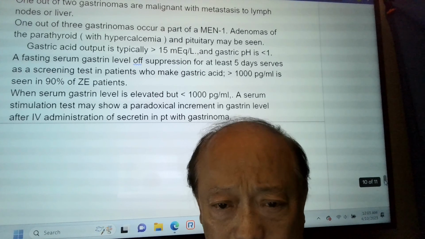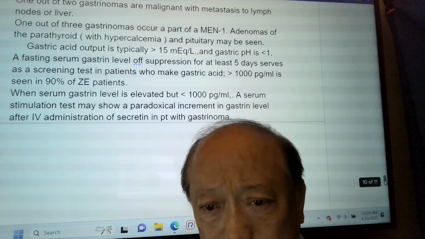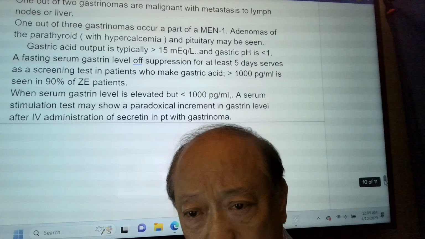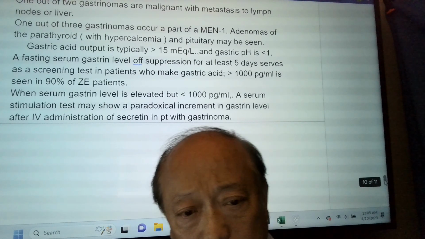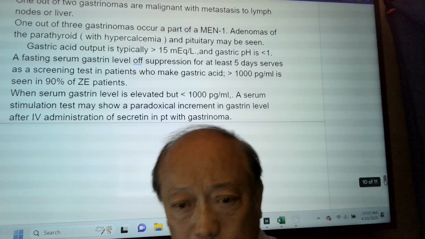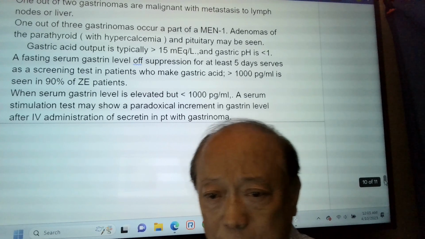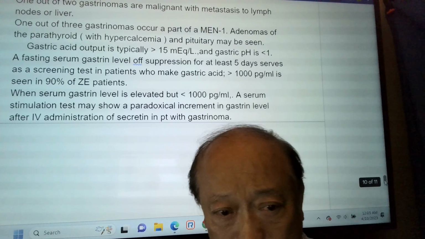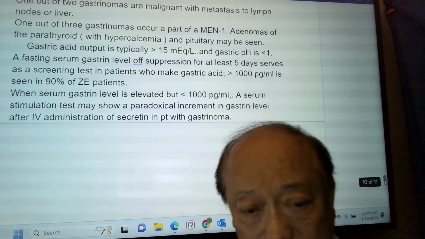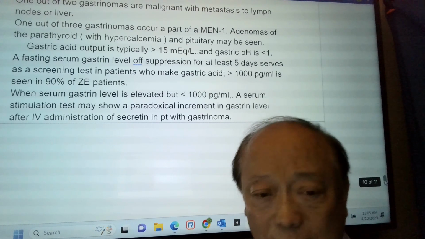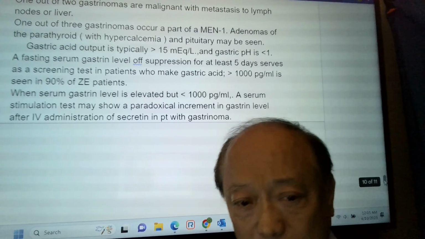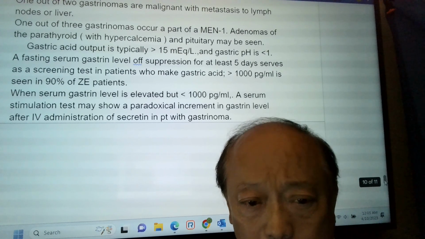So fasting serum gastrin level without any suppression for these 5 days serves as a screening test, and a level more than 1,000 picograms per liter will identify 90% of the ZE patients.